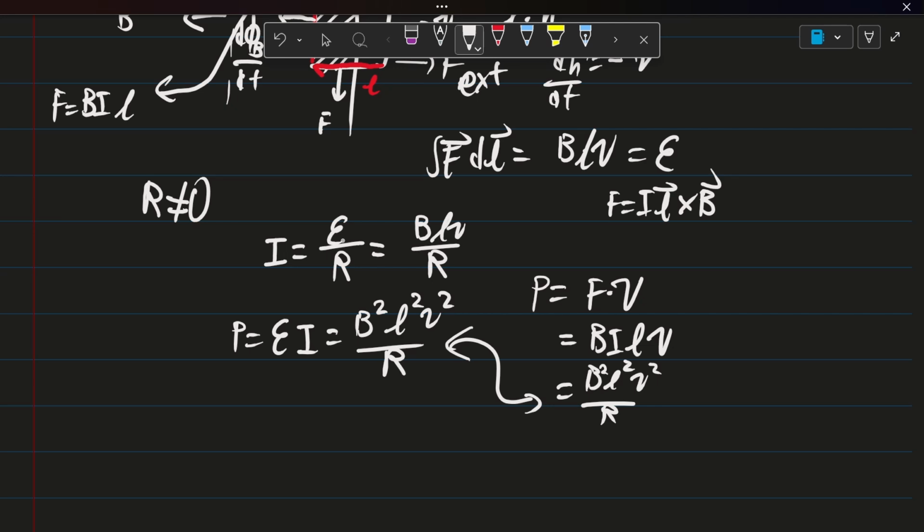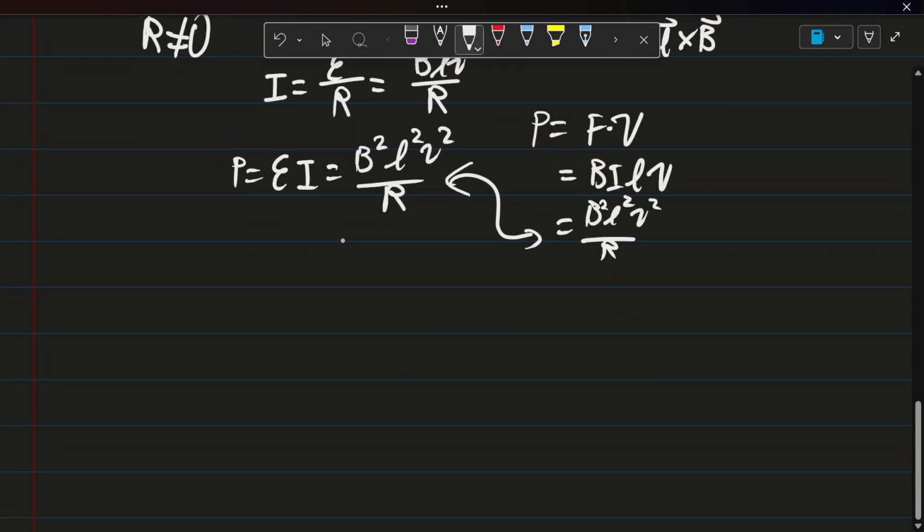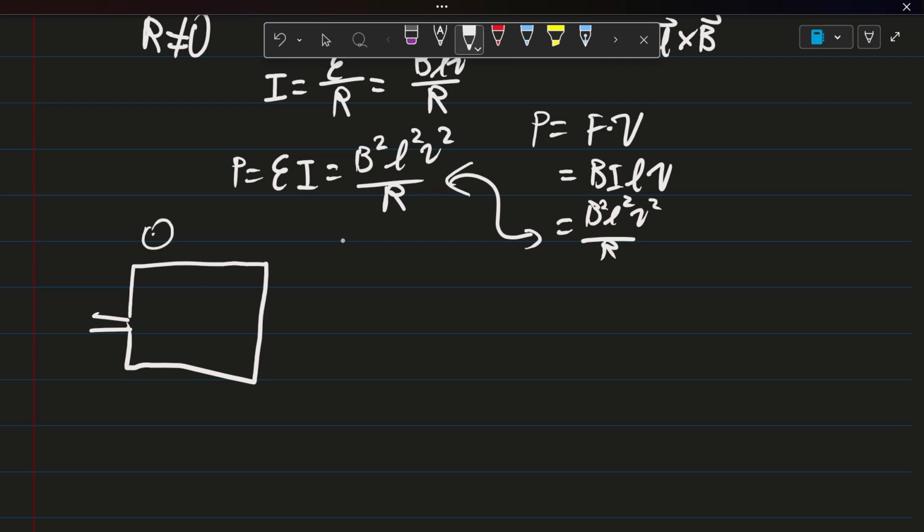So this idea could be implemented for multiple things, but one thing that is popping up is the idea of generators. The idea of a generator is that if you have some piece of coil, and then we would have a magnetic field, let's say, in that direction.